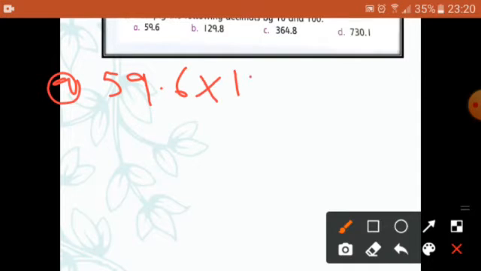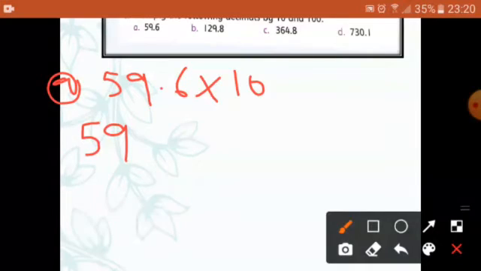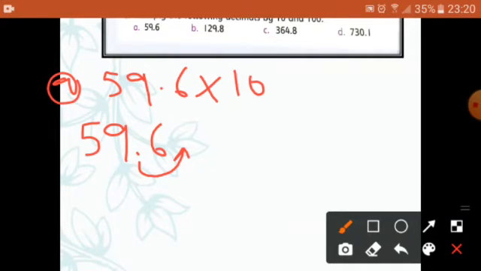59.6 times 10. As we have discussed, we have to move this decimal point one decimal place towards the right. So the decimal point, from this point it will move towards this point. So what does it become? 596.0, you can say, because we don't have any other digit over there.